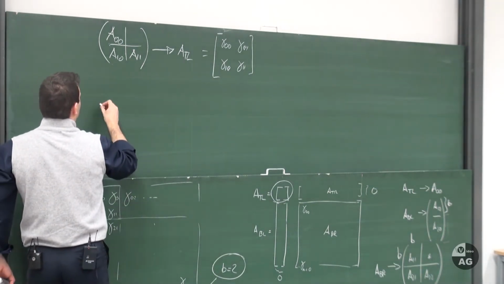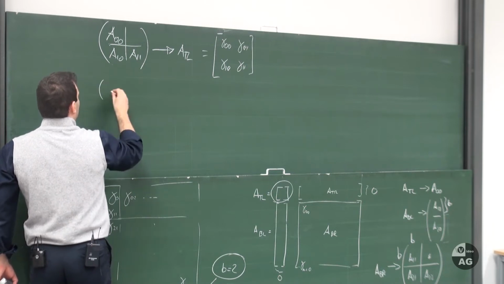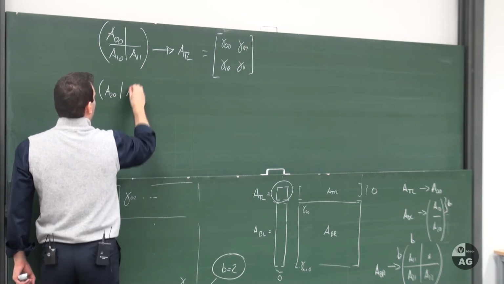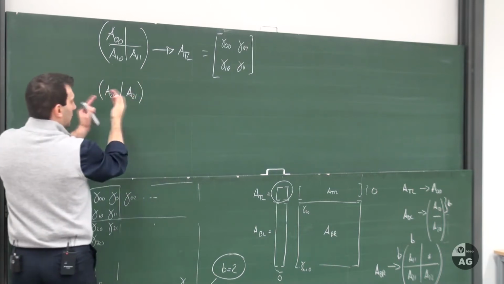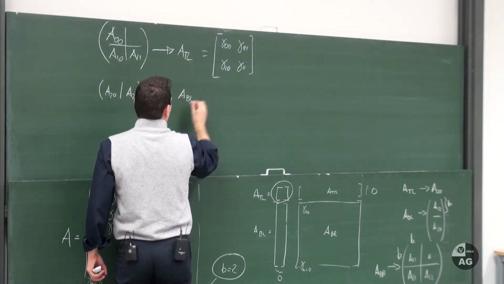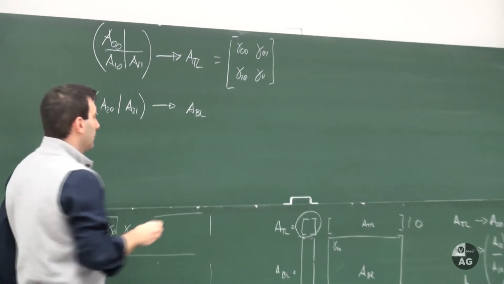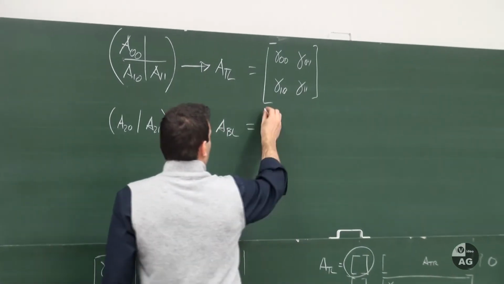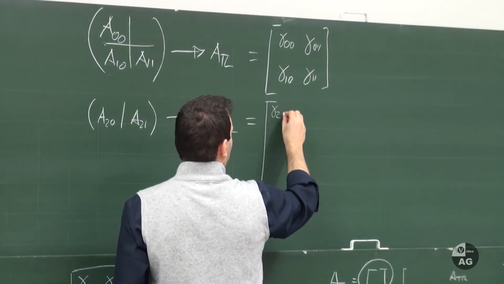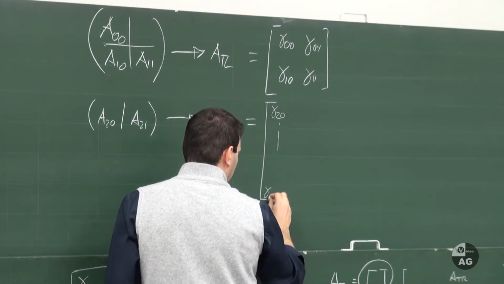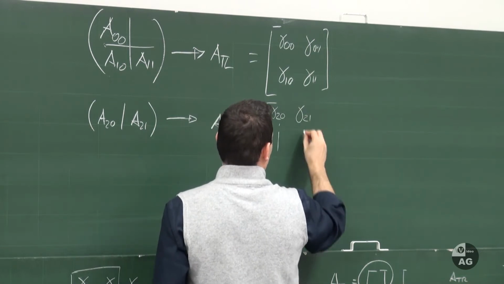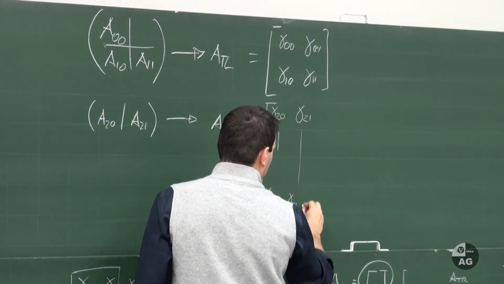You can imagine, maybe not, I'll tell you. Another of the instructions was that A20, A21 have to be compacted together, and they have to become A bottom left. That's the name. So, long story short, A bottom left will be everything from A20 down to A n minus 1,0, and A21 to A n minus 1,1.